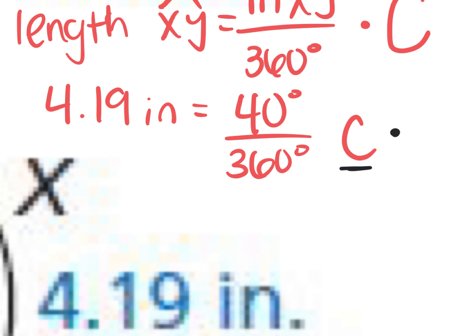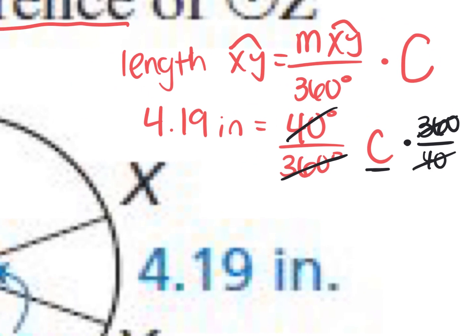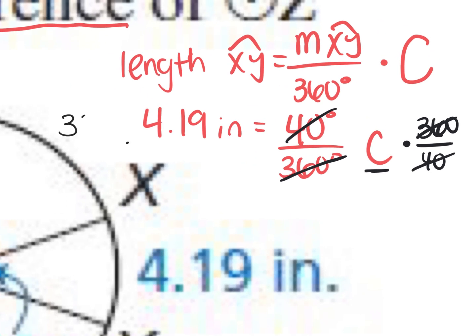Multiply by what? 360. Multiply by 360? Only? Over 40. What do we call that? The reciprocal. Very good. We multiply by the reciprocal so that the 360s cancel, the 40s cancel, and we do it to the other side. Multiply by 360 over 40. So now in your calculator, you're going to multiply 4.19 times 360 and then divide it by 40.